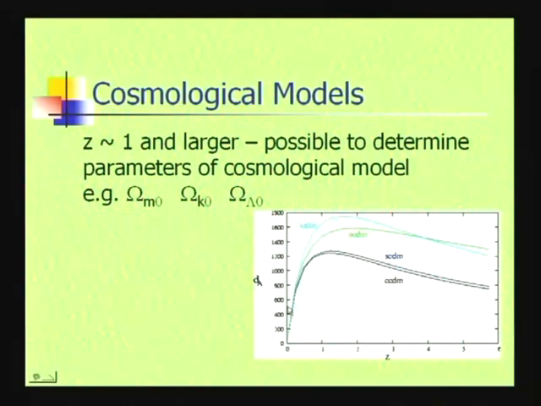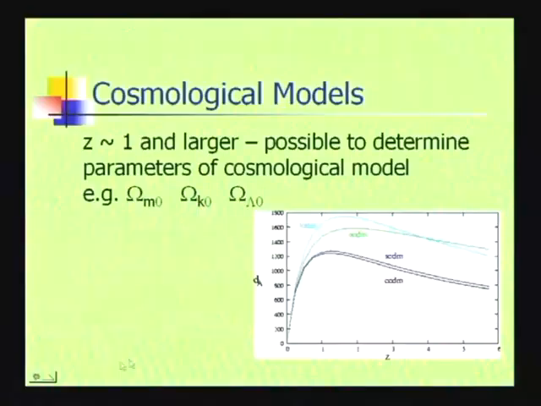And you have again different kinds of distances, the angular diameter distance, the luminosity distance, etc. So, if you have independent observations and theoretical predictions, then you can compare these two and put constraints on the allowed value of the cosmological parameters. You can actually use these observations to determine what is the cosmological model that we actually are living in.